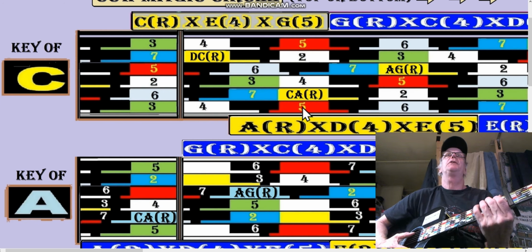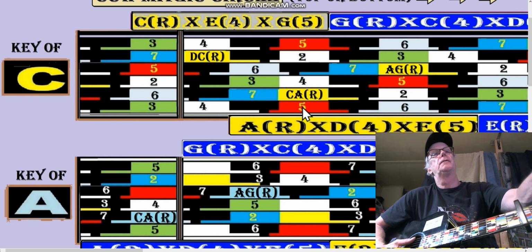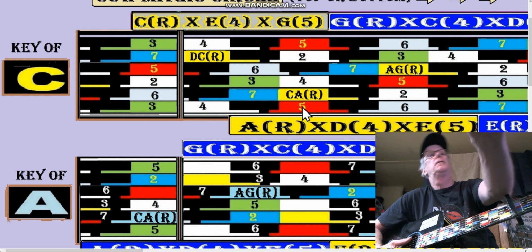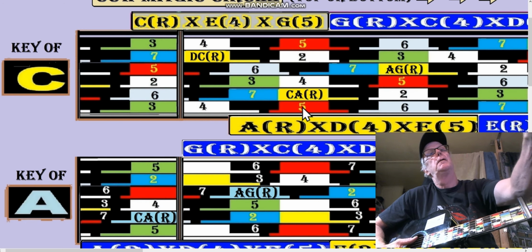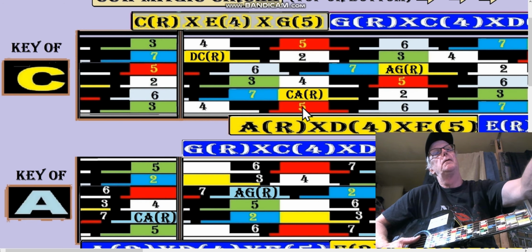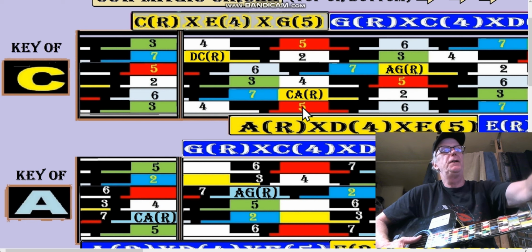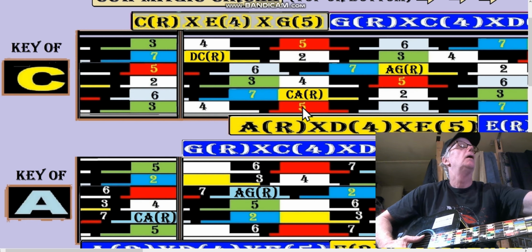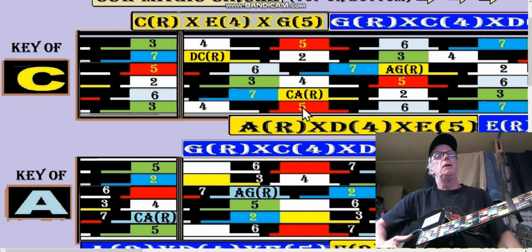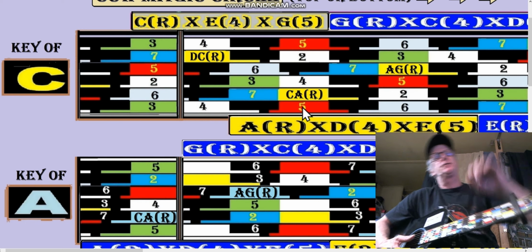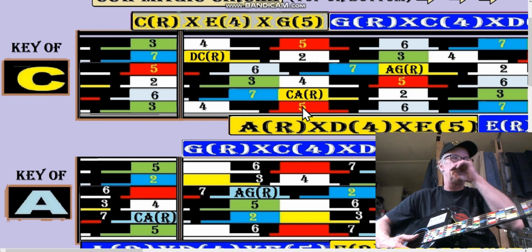And that's pretty much a Phrygian. I messed it up. I messed that up bad. But I think I couldn't really see what I was doing. I was afraid I was going to go down too far.